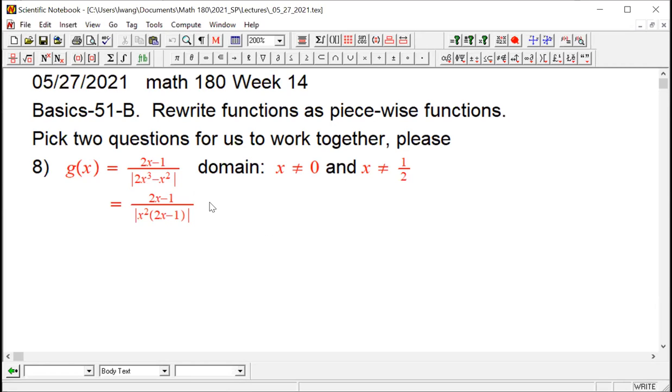So with all that guaranteed, we're going to operate on the absolute value just a little bit more. We're going to take absolute value on this one, and on the other one.